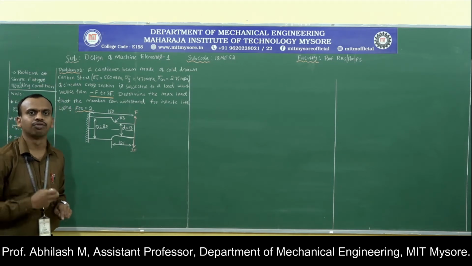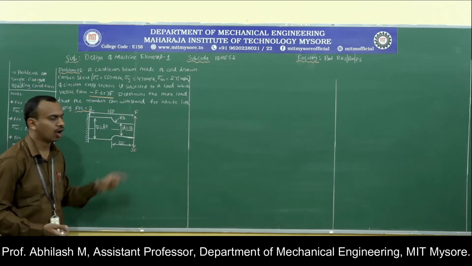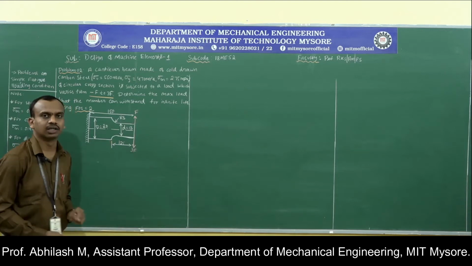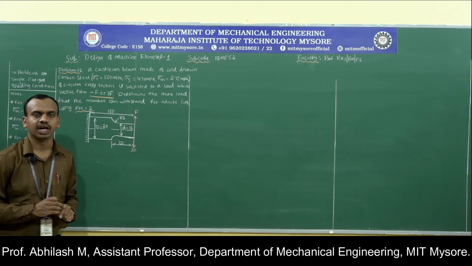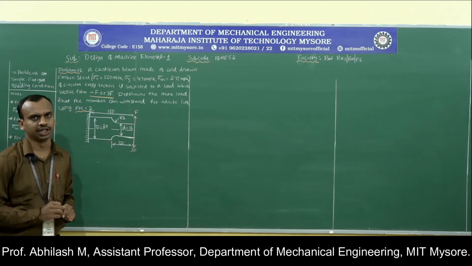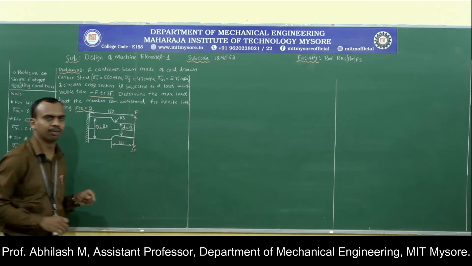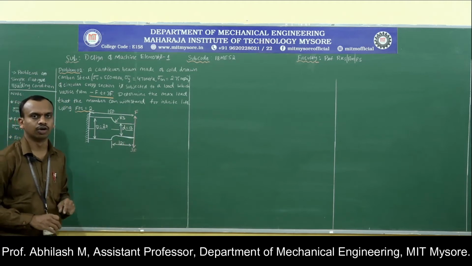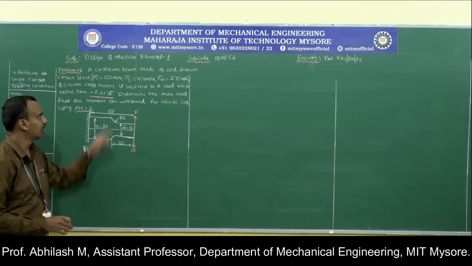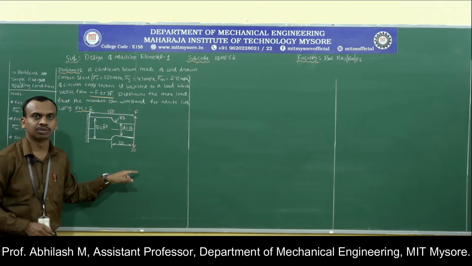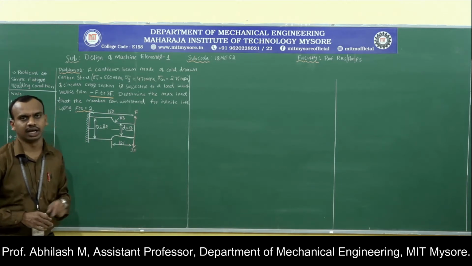Basically, the type of loading acting on the member is bending load, where the minimum load is minus F and the maximum load is plus 3F.